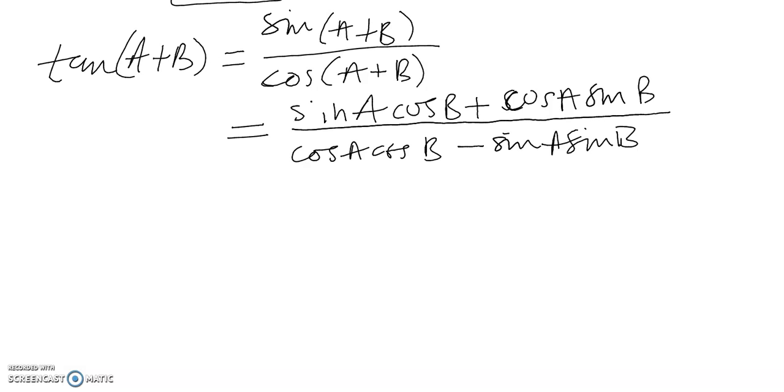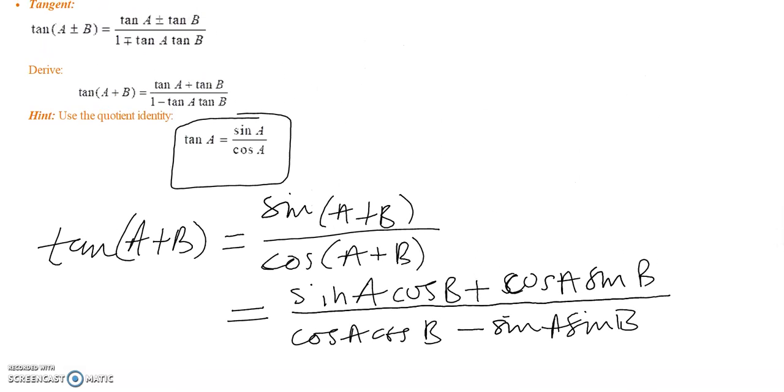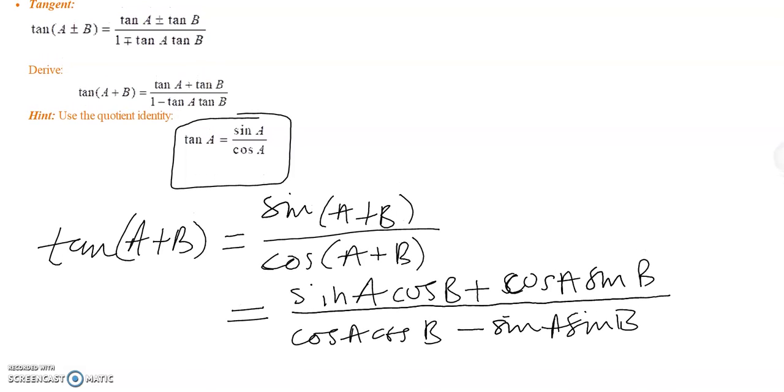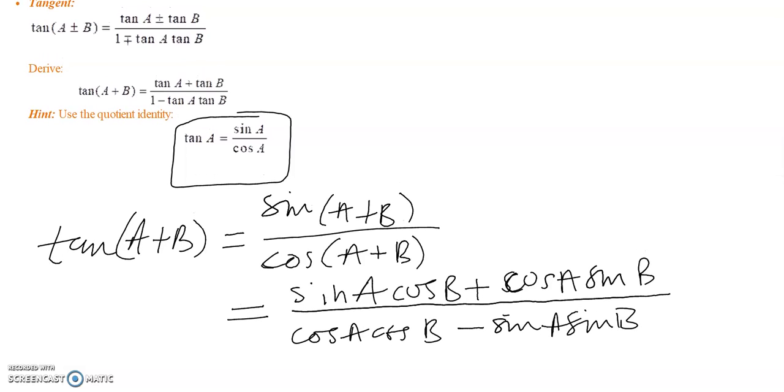So now we want to look at the values in the tan identity that would help us derive that formula from what we have here. In here we see sine A cos B and then cos A sine B. Now in the bottom, when I look at this closely, I feel like there's a one that I can take advantage of.